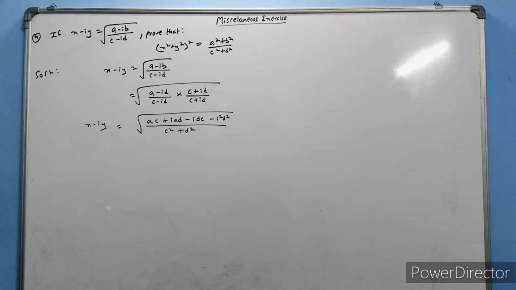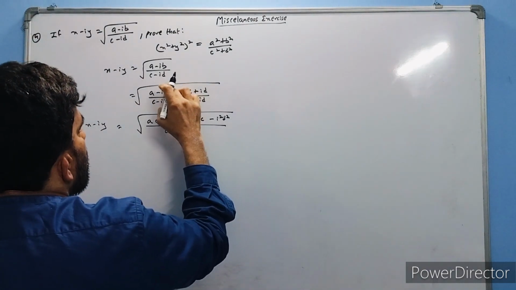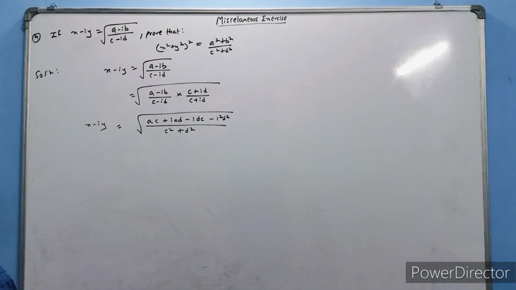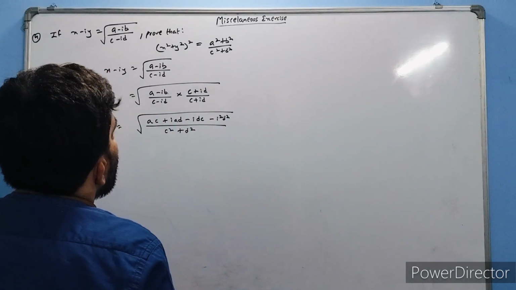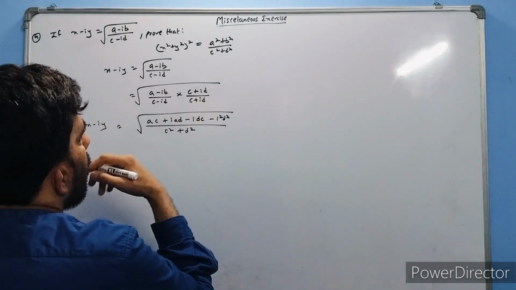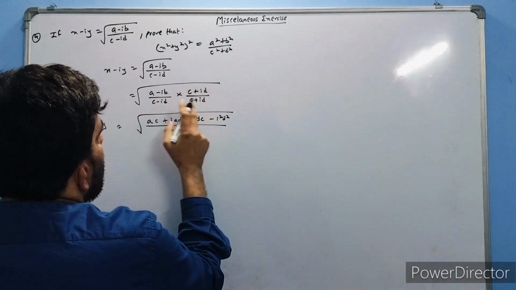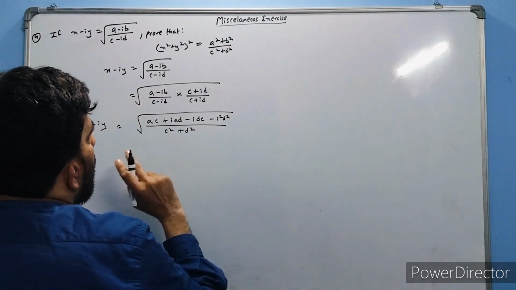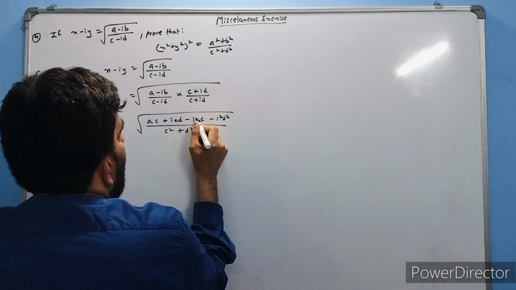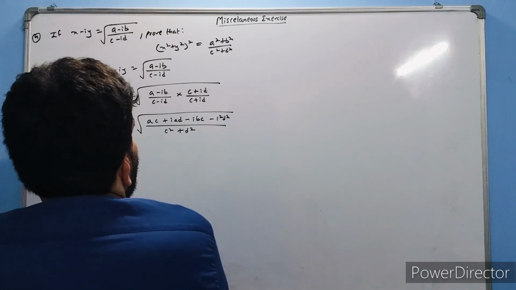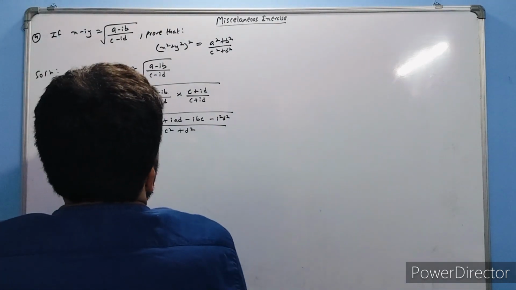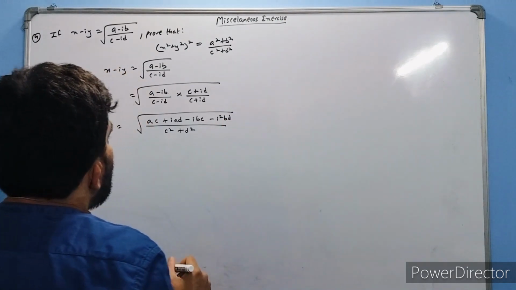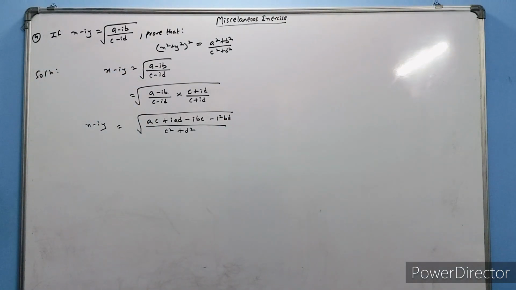Okay, so I have this. a minus ib, c plus id. Okay, so now I have ac plus, if I multiply this, I got iac plus I have iad minus ibc minus here I got i square, then we have i square bd I have. Okay, so now this is what I have.